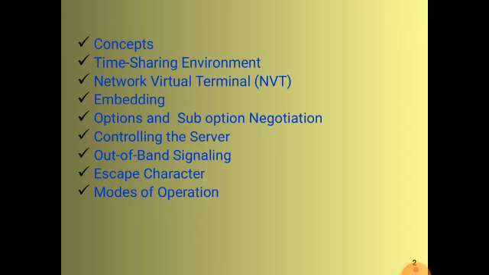Now we'll see how we can configure this protocol. I have the computer. First of all, go into the control panel. Once you are in the control panel, at the left side there will be some points. Out of those, click on the first one, which is add or remove software.